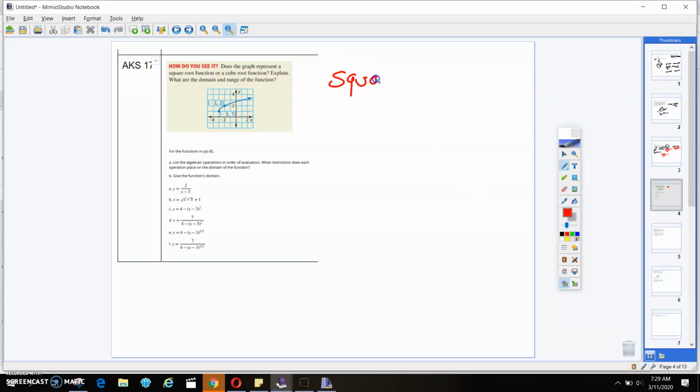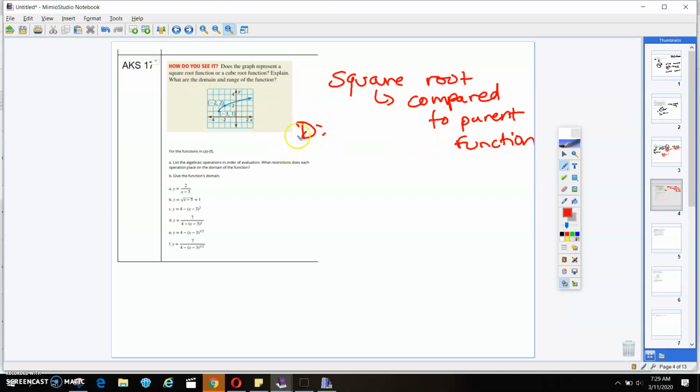So the square root, and explain how we know, because compared to the parent function. Okay? So what are the domain and range for this one? Domain is going to be from -3 to positive infinity. And range is going to be from 1 to positive infinity. Okay?